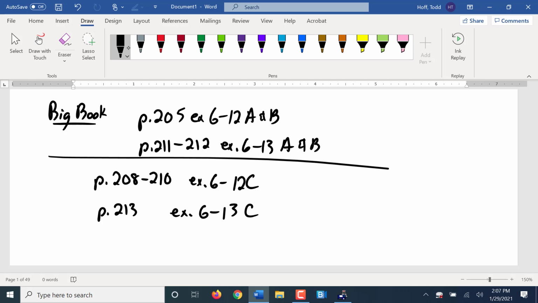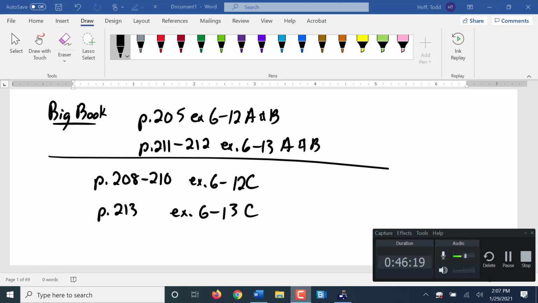So that one looks right. Let's see, 213, let's see if that looks right. That looks right as well. So those pages are correct. You guys have your books with you so you can do a little homework?